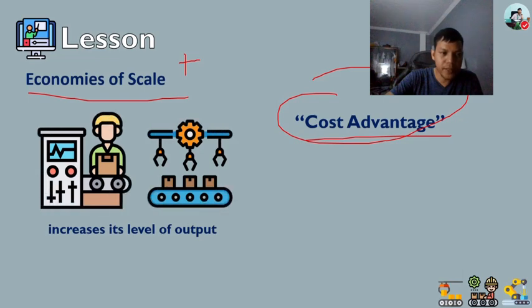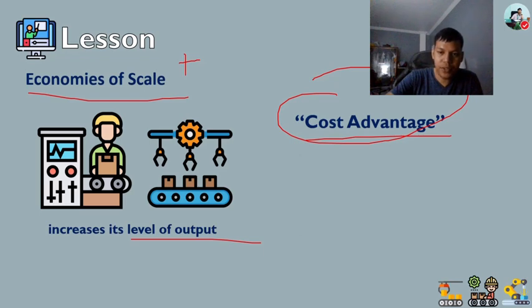The moment that the business or any firm increases its level of output, it means that they produce numerous outputs in a short period of time, so it lessens their expenses. Okay, and that's what we call economies of scale.